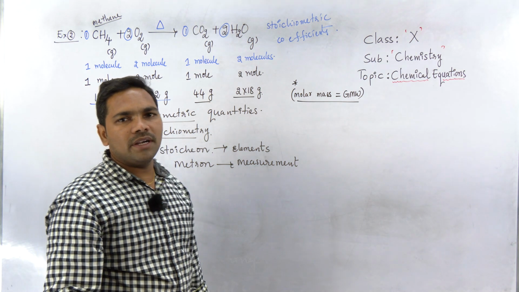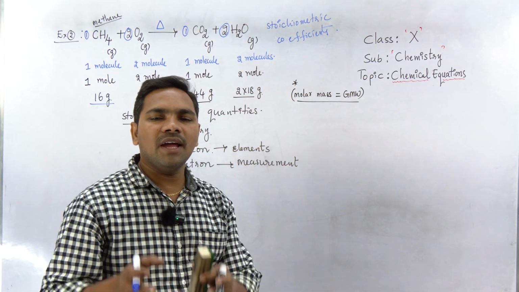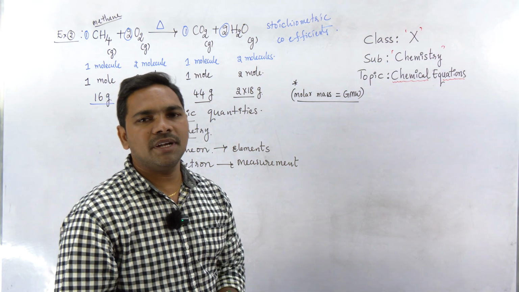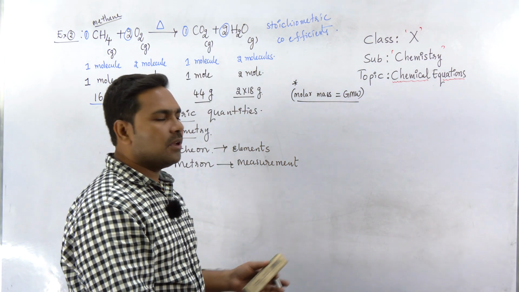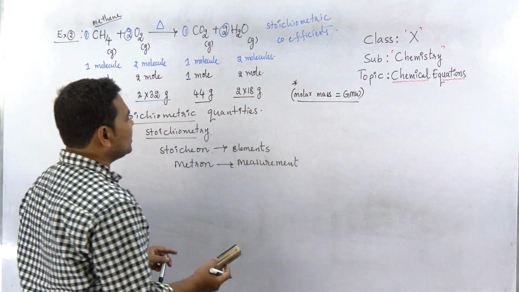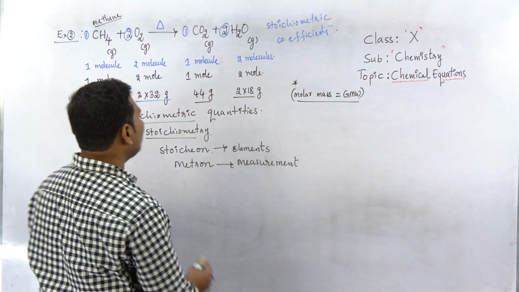These stoichiometric quantities are very helpful in estimating the amounts of reactants required and also estimating the amount of products produced that are obtained from a chemical reaction. Now let us understand how these stoichiometric quantities are important to us.